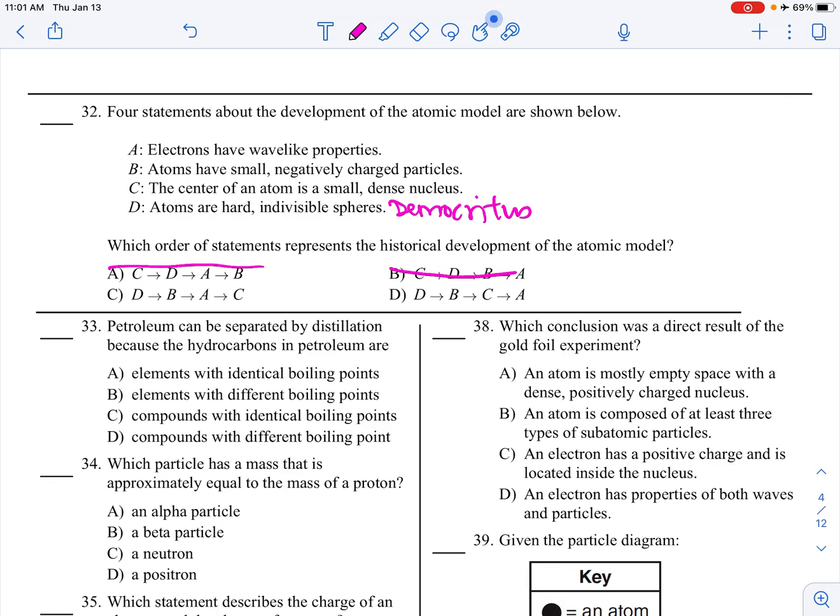So that's going to be D to B. Oh, they both go D to B. So this is J.J. Thomson. The center of an atom is a small dense nucleus. This is Rutherford. That comes next. And wave-like properties. This is Schrodinger. So D to B, C to A. So choice D.